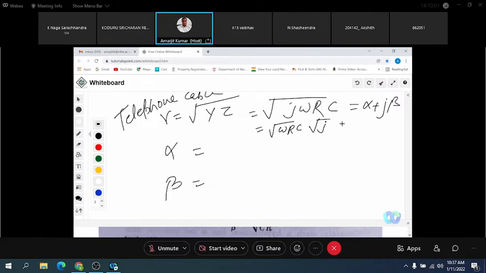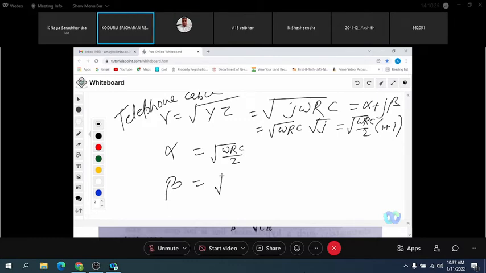So it becomes root of omega RC by 2 into 1 plus j. So what will be alpha? Root omega RC by 2. What will be beta? Same, root omega RC by 2.